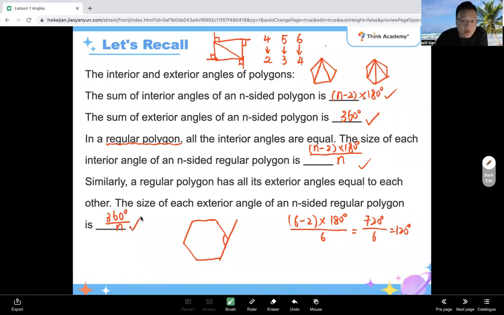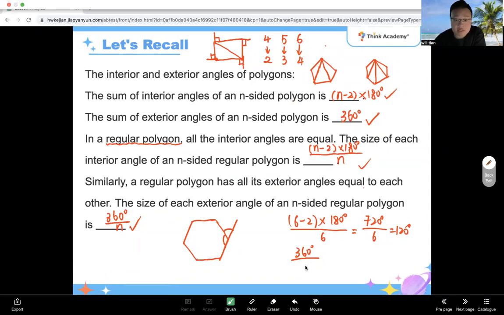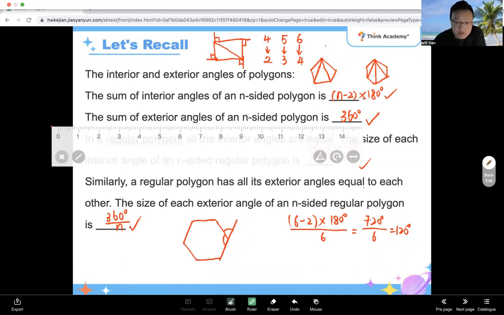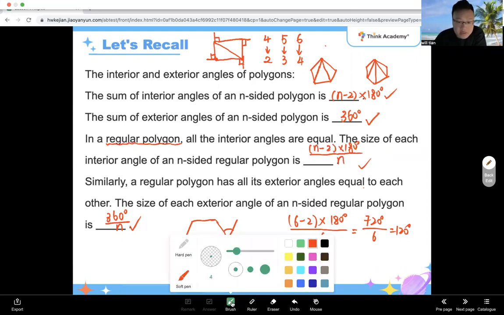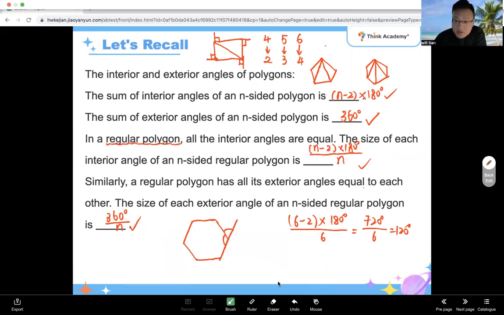And then let's use this formula to see what the exterior angle is. You just use 360, the sum of all the exterior angles, divided by 6. 360 divided by 6 equals 60 degrees. Right? And that's one of the exterior angles, guys.